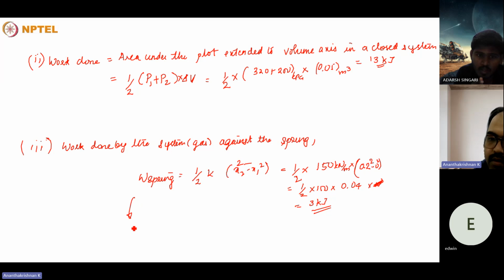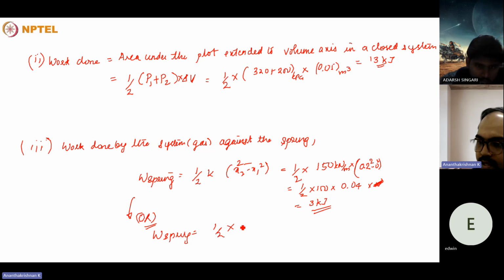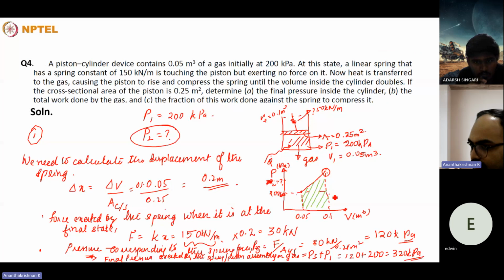And this can also be determined by the other method, that is the area of the triangle subtended between these two lines as well as the process between 1 to 2.